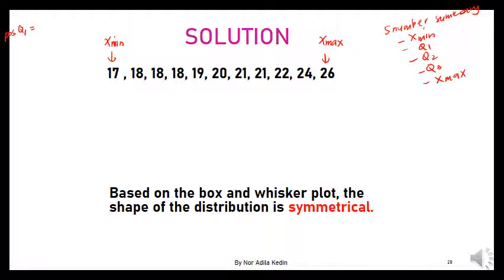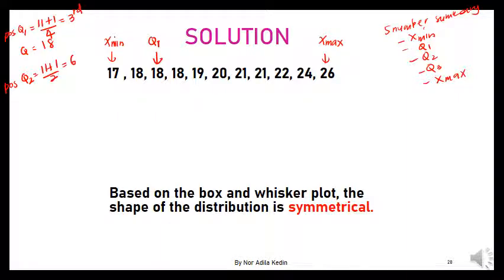N awak 11 plus 1 over 4. You dapat third observation. So your Q1 adalah third observation which is 18. Untuk cari Q2, position for Q2 adalah 11 plus 1 divide by 2.